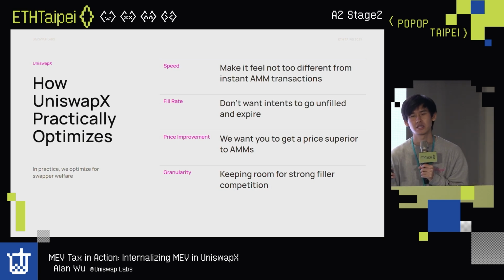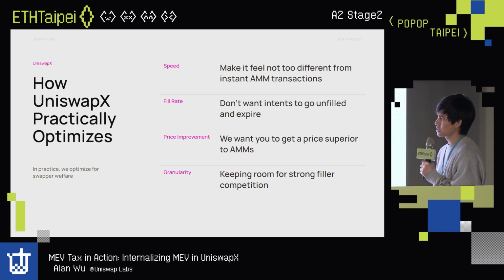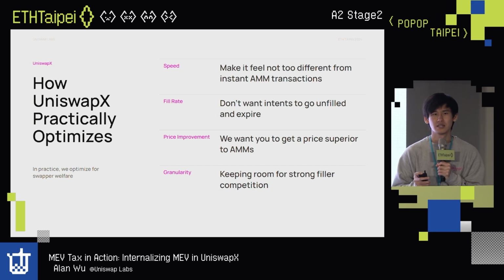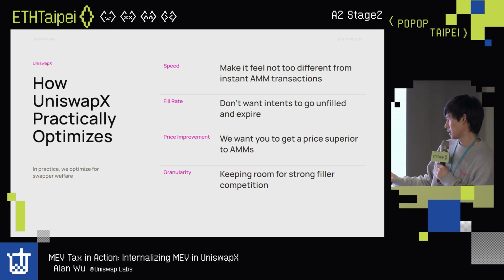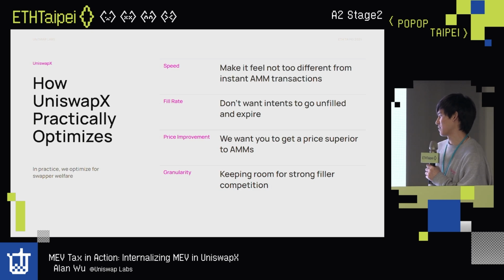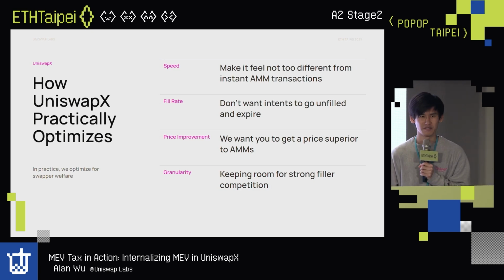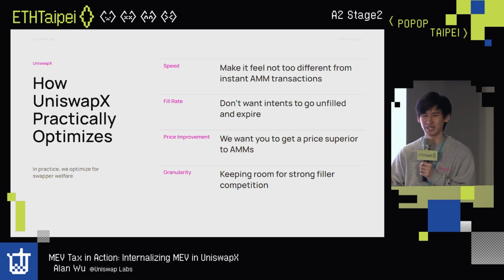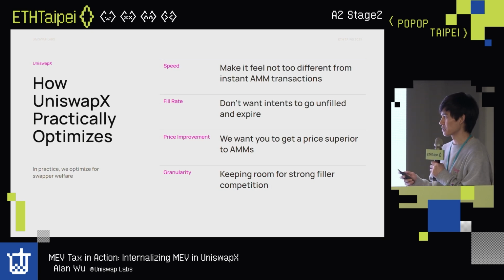We also want you to get price improvement. What that means is if you go through UniswapX, you should get at least the AMM price, but hopefully better, or else why do it? And lastly, we want to have granularity in our MEV tax function in order to get room to facilitate strong filler competition. Like I showed earlier, we're able to get them to compete down to 1/1000th of a basis point.